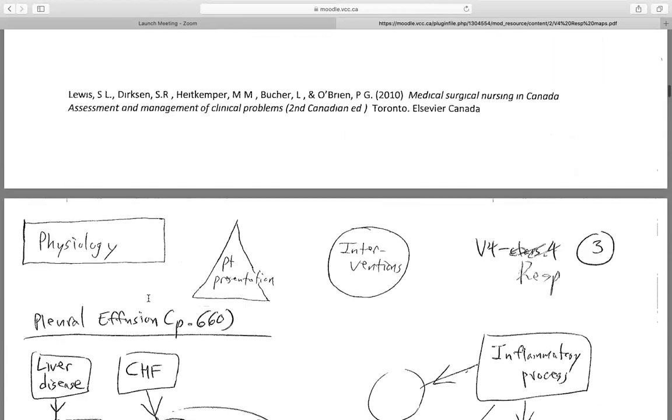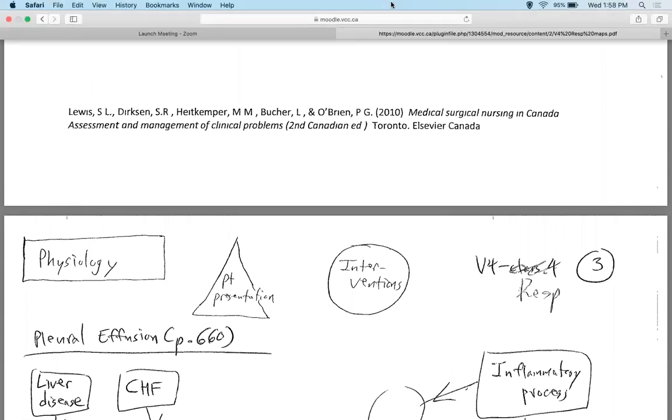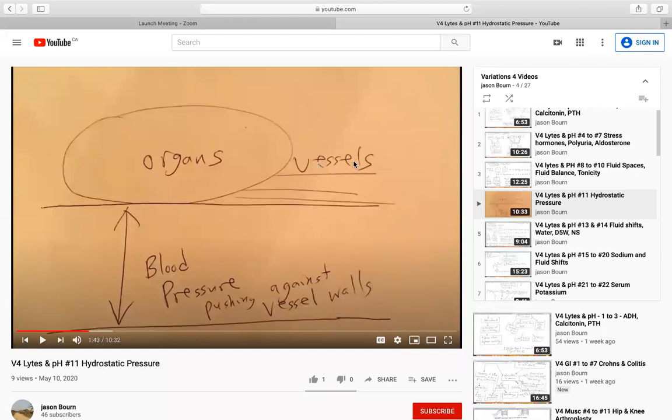With CHF, you've got increased hydrostatic pressure. If you remember back to the video from Unit 1, question number 11 on hydrostatic pressure, in the case of CHF, the blood vessels are just loaded with blood and fluid, and basically you have volume overload.